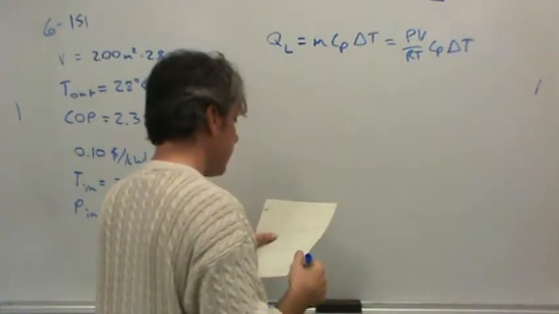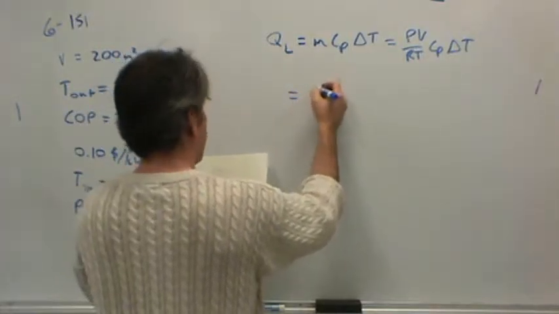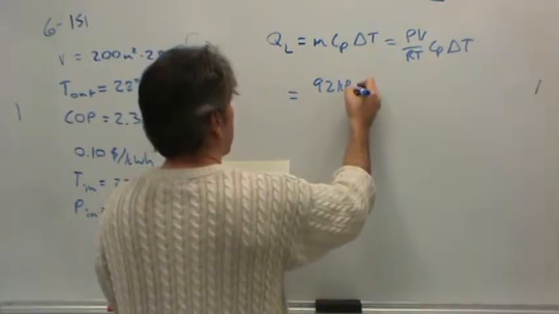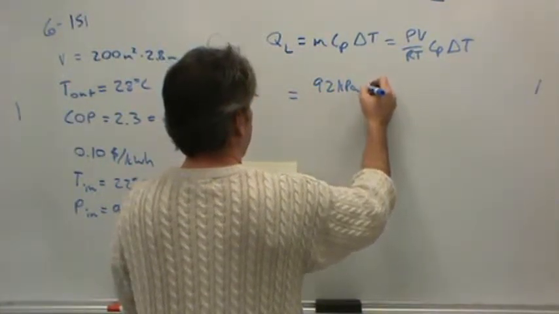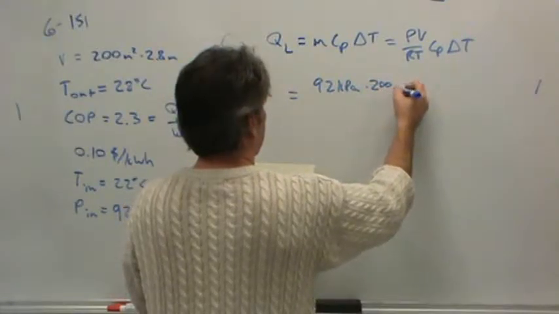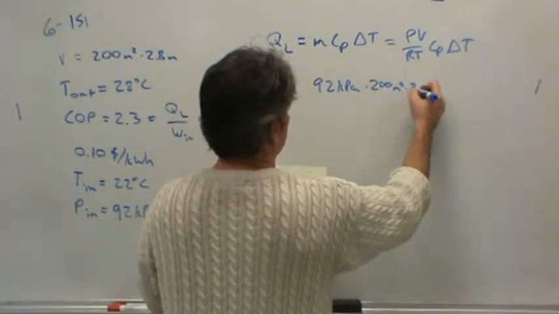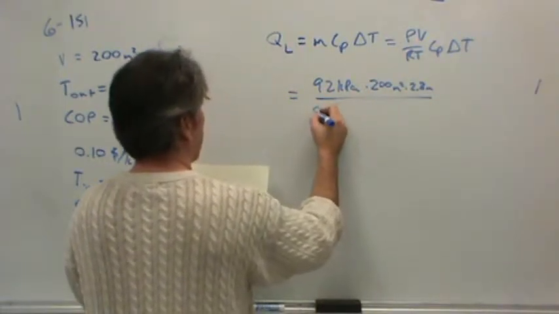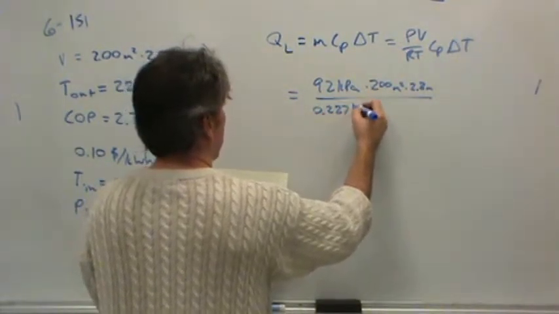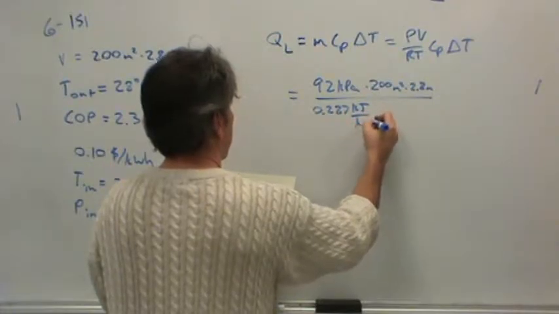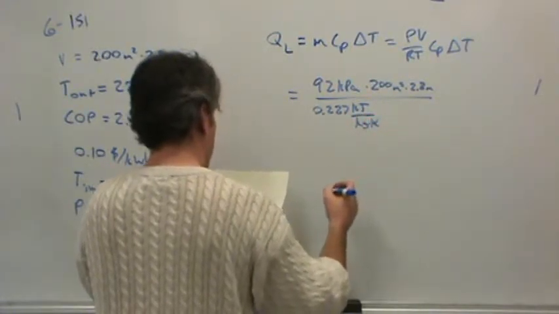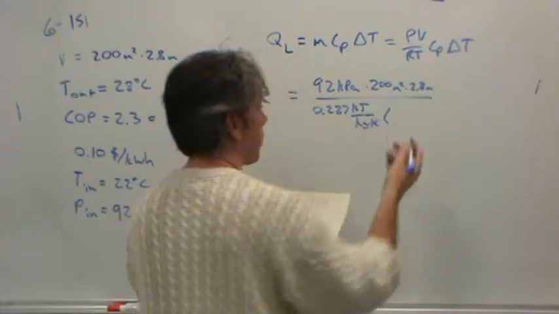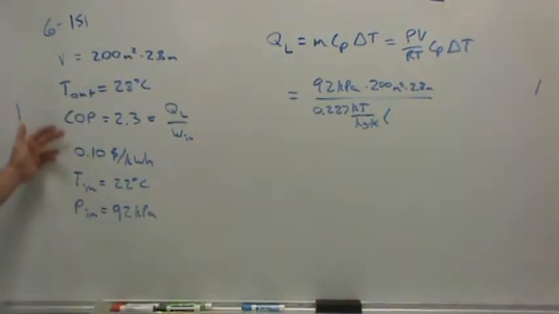Okay? And so plugging in numbers, 92 kilopascals multiplied by 200 square meters times 2.8 meters, that's just the volume, divided by the gas constant for air, 0.287 kilojoules per kilogram per Kelvin, multiplied by the temperature. What temperature? 28 or 22?